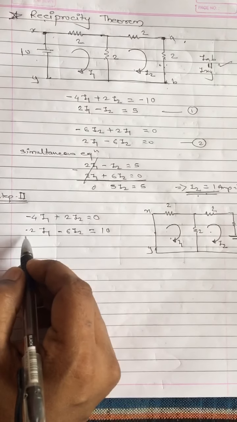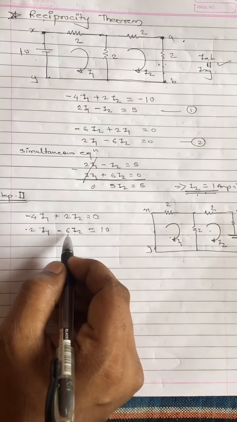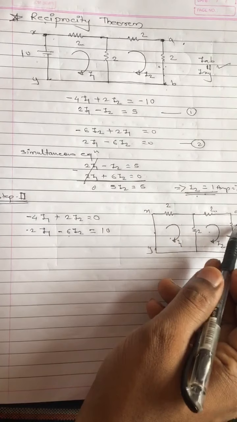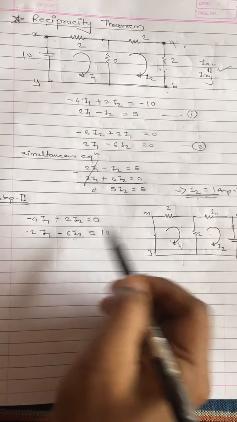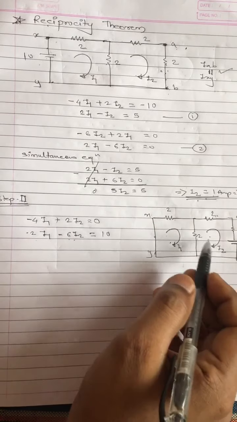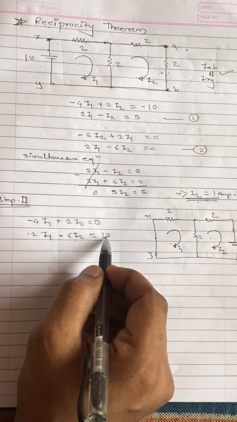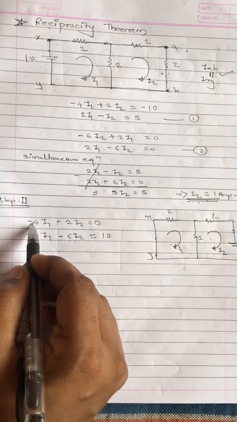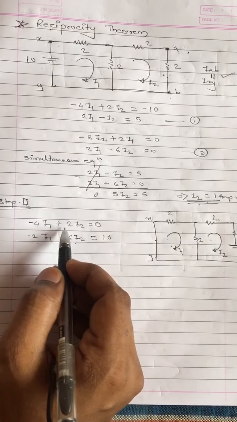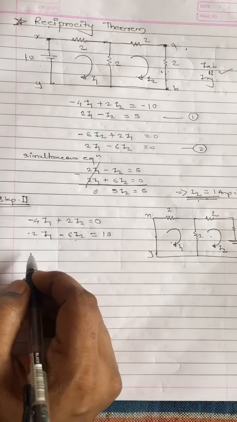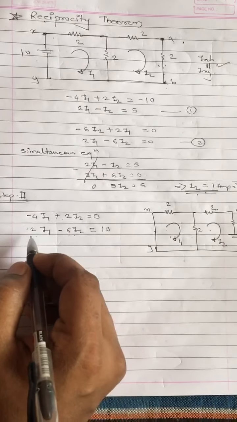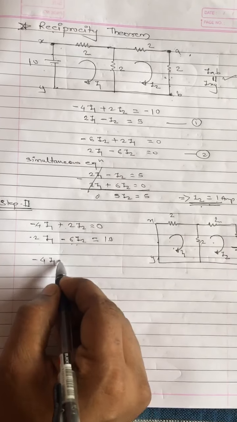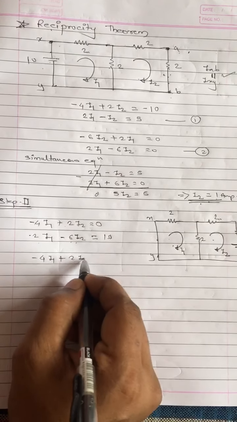What I have to do is multiply this equation by 2. So it is minus 6 I2 plus 2 I1 minus 10, which will become plus 10 here, right? Here it is minus 4 I1 plus 2 I2. Let's multiply the second equation by 2. So let's write the first equation, minus 4 I1 plus 2 I2 equal to 0.